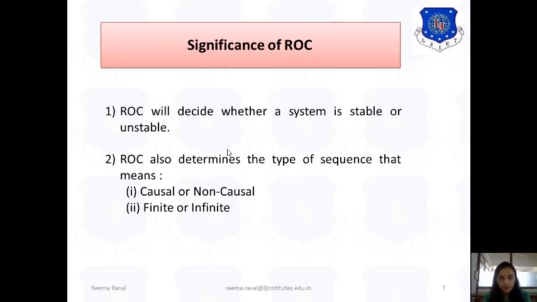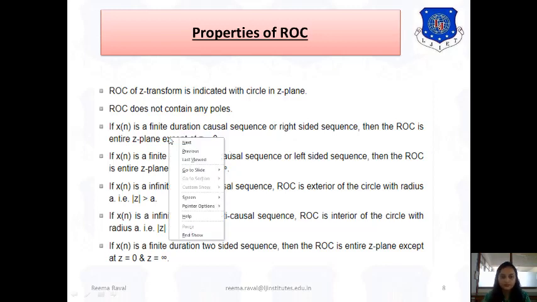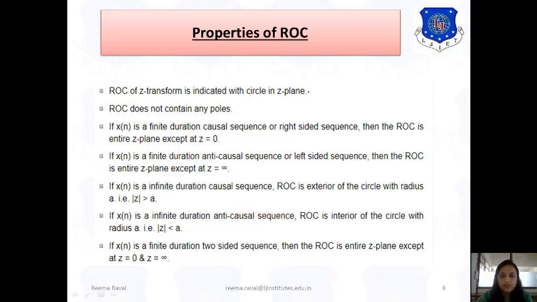And now the next and most important topic is the properties of ROC. So these are the properties of ROC. The first property of ROC is that the ROC of the Z transform is indicated with a circle in the Z plane.